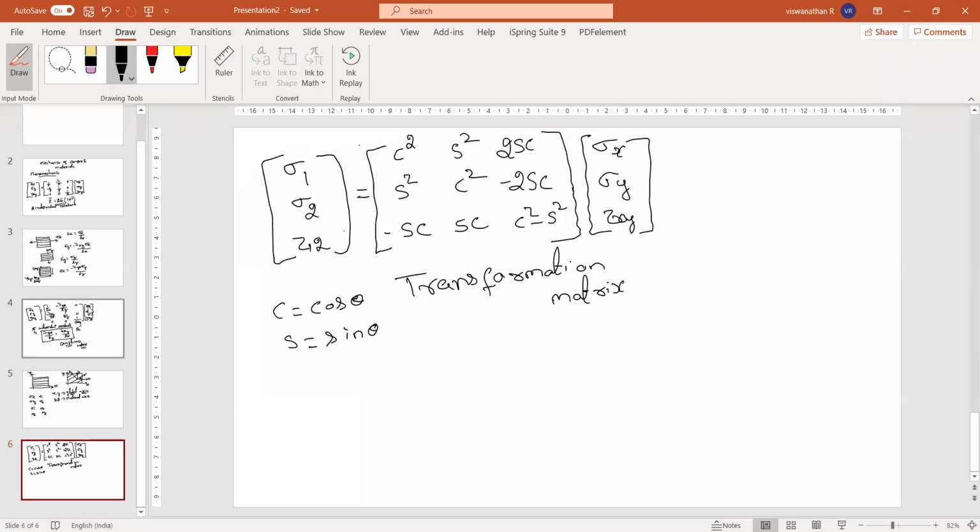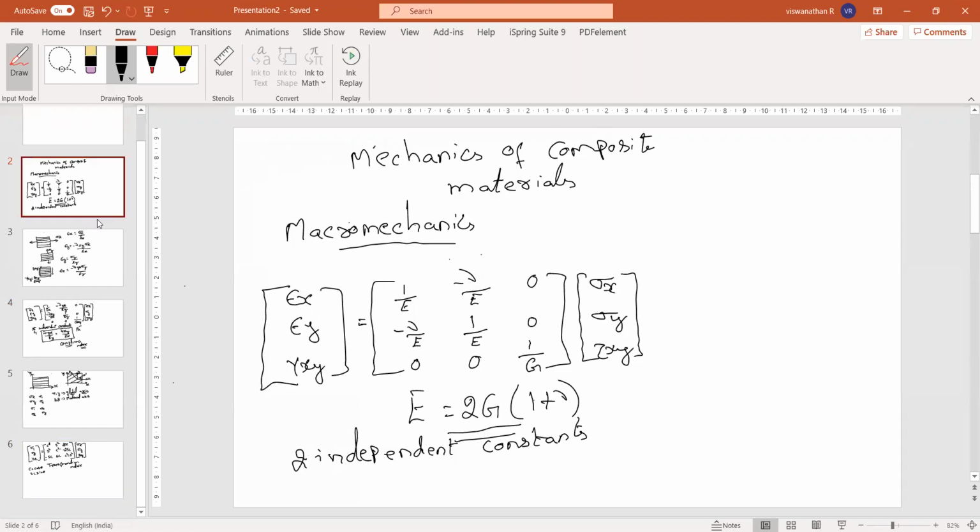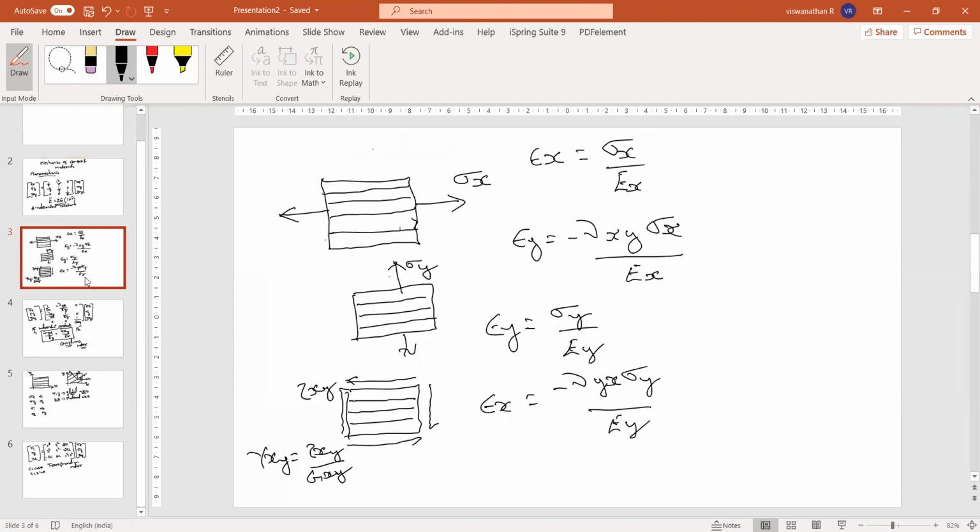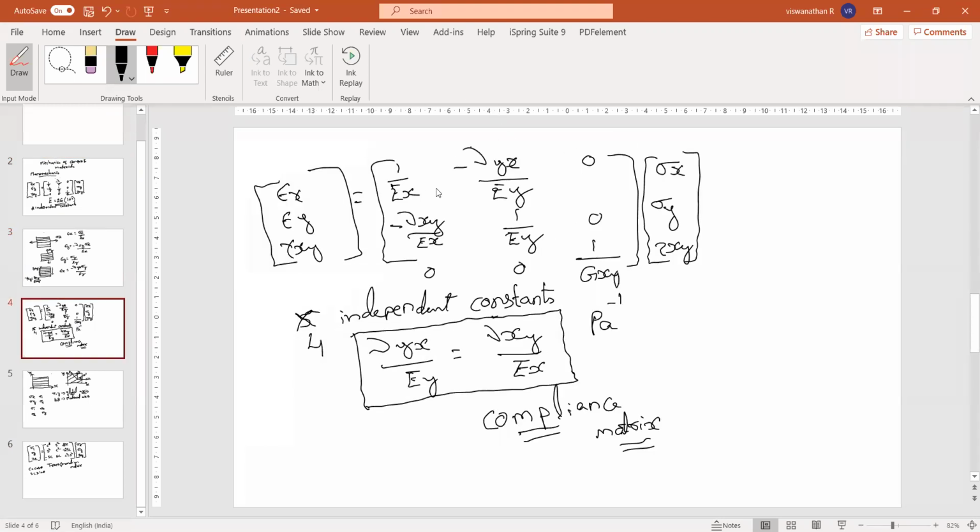First we started with the isotropic, then we wrote the same thing for the UD lamina, and we said EX, EY, nu YX, nu XY. Mentioning all of those is very important because the properties are different.